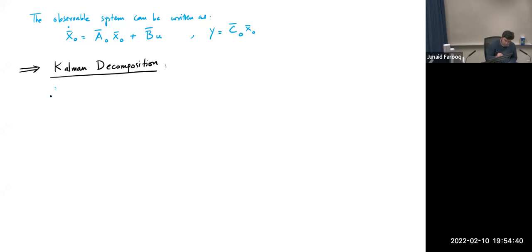What does Kalman decomposition mean? It's actually combining controllable and observable decomposition.